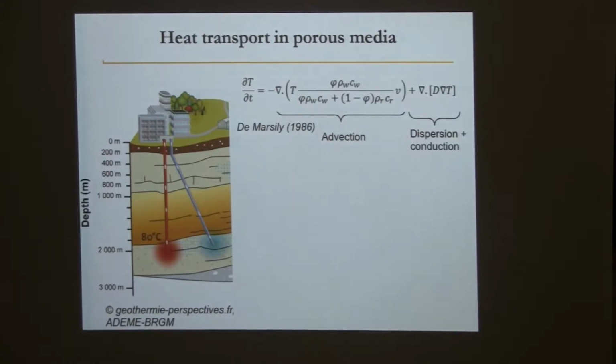In that case, you can apply the classical law we already know for transport and just replace the concentration by temperature, giving a change of temperature in time that depends on an advection term and a dispersion plus conduction term.